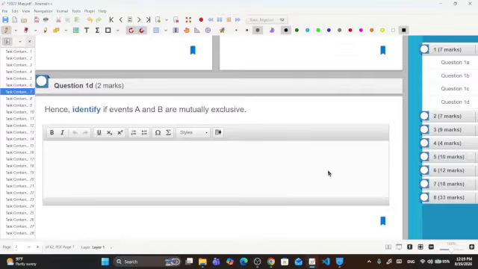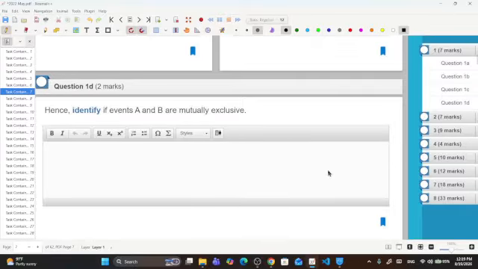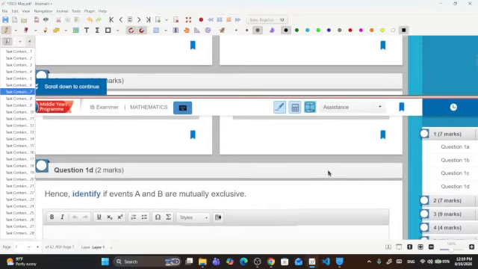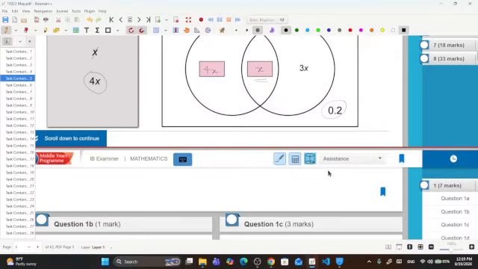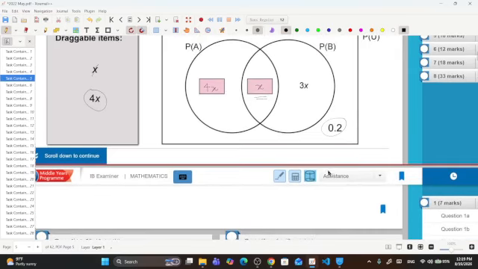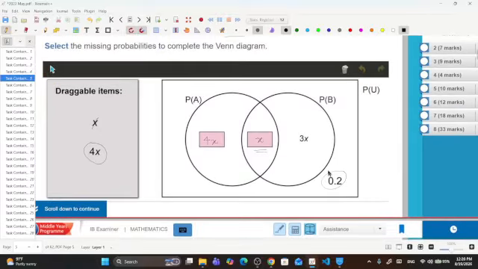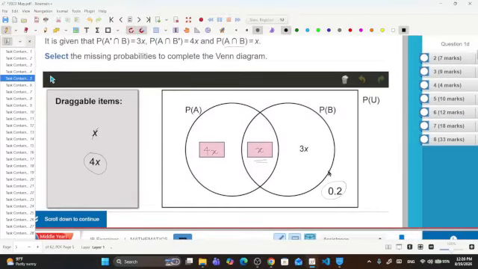Alright? Because we see that they essentially have a point of intersection. So it is highly possible that those events take place at the same time. Events A and B happening at the same time is somewhat possible. It's less likely, but it's not impossible.